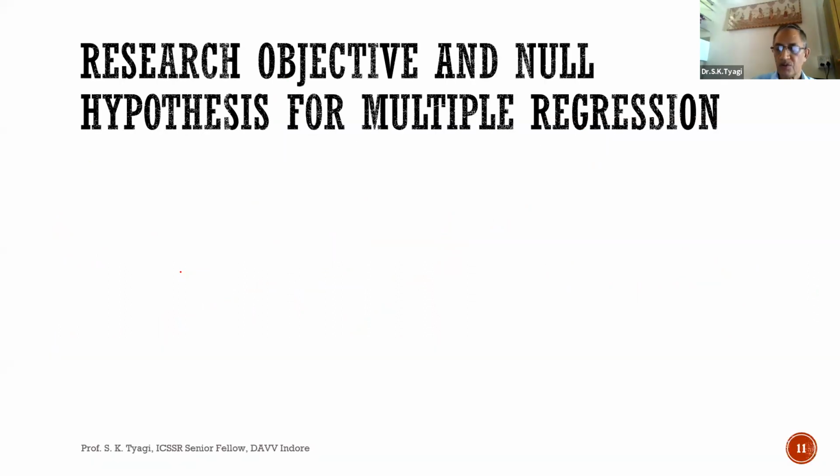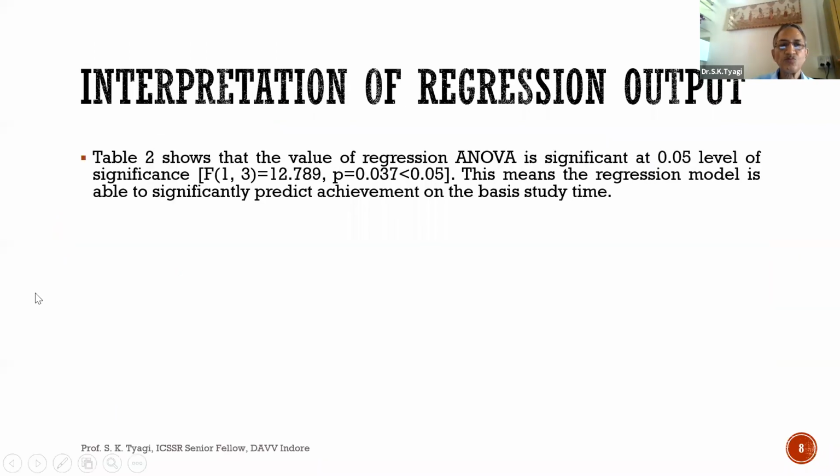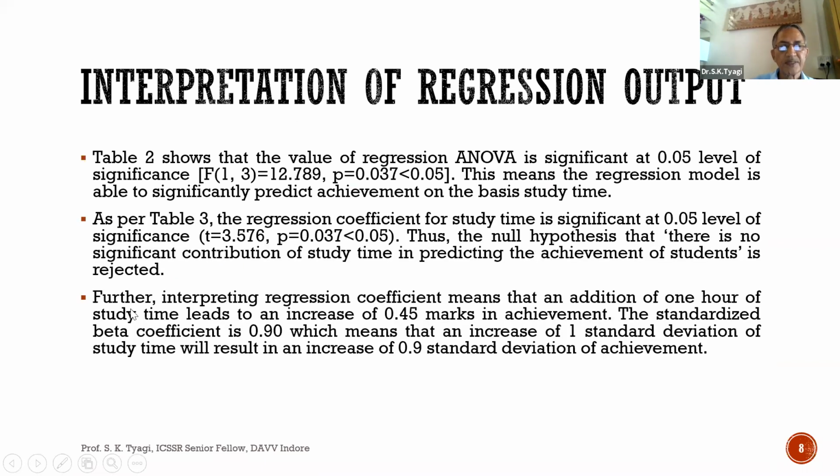Now, we were here. Further interpreting regression coefficient means that an addition of 1 hour of study time leads to an increase of 0.45 marks in achievement.